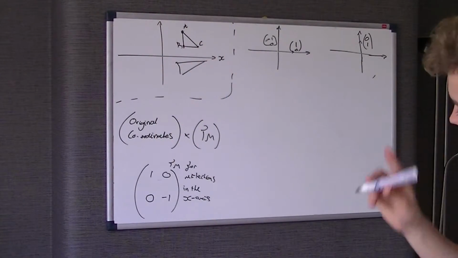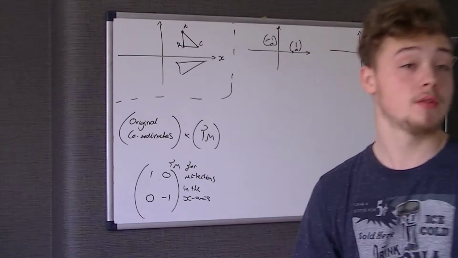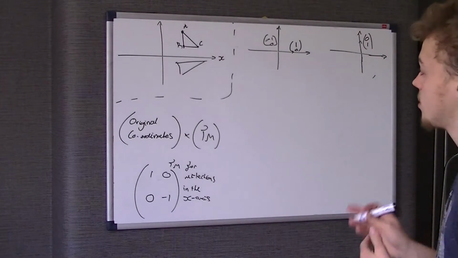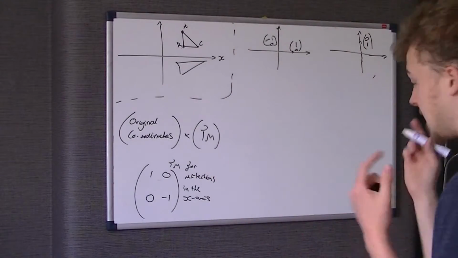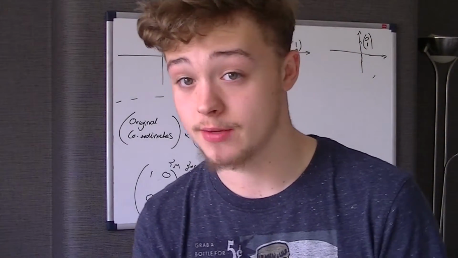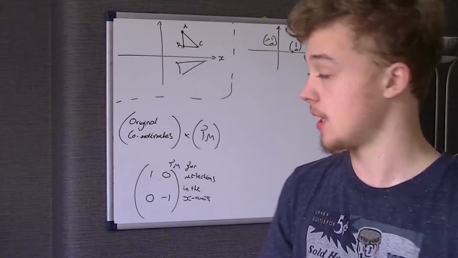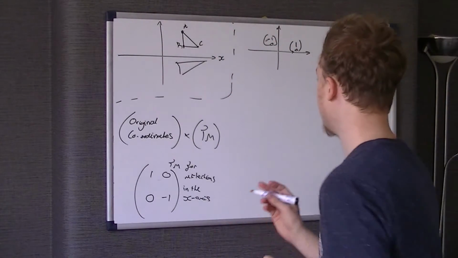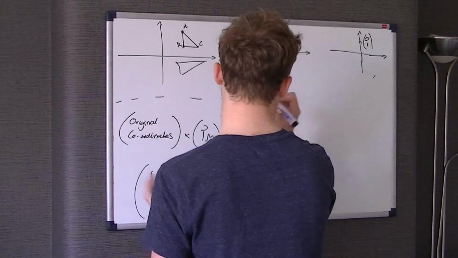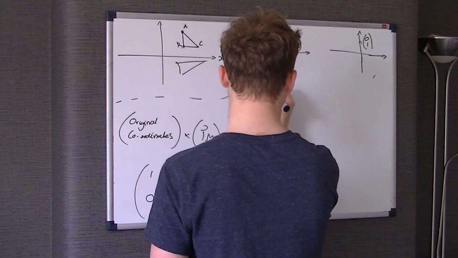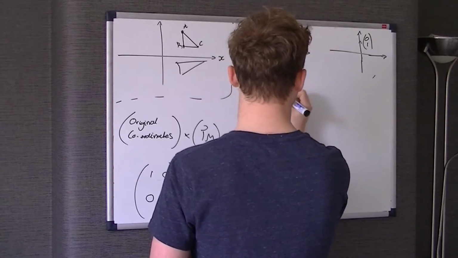Just like for the previous one, the first column of this transformation matrix is made up from the end result of the i unit base vector, and the second column is made up by the end j unit base vector. The end i unit base vector is minus 1, 0, and the end j unit base vector is 0, 1.